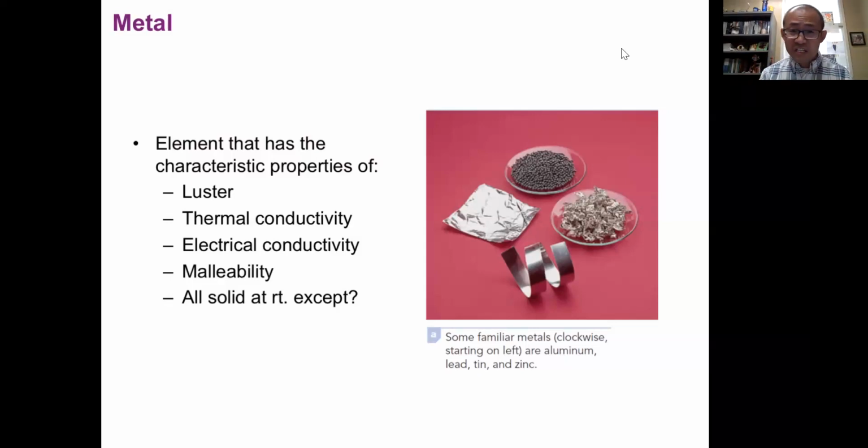They conduct heat and electricity very well, and they have great malleability, meaning you can make them into different shapes, like beads, fillings, a film, or strips. All metals are solid except mercury. These are some typical physical properties of metals.